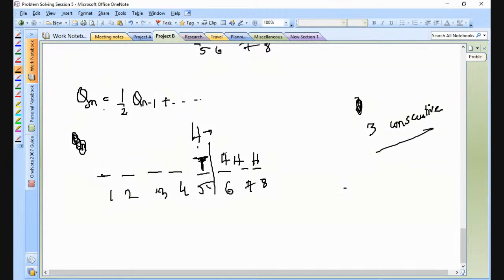But restricting it to the fact that till the seventh position there are no 3 consecutive heads, then the probability of no 3 consecutive heads is half into that. So how can you show that? Tell me.